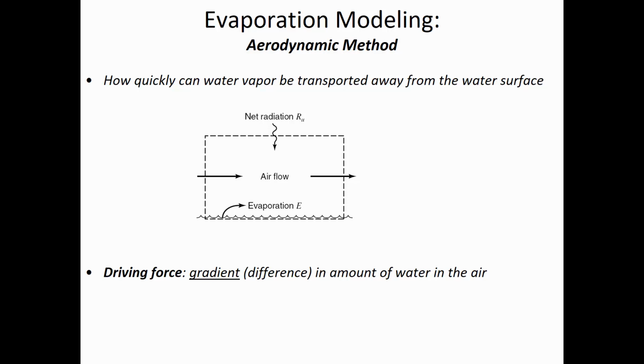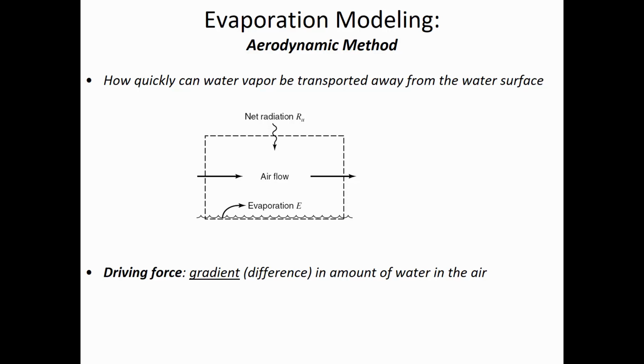If you think about the conditions very close to the water surface, you might rightly guess that it's more humid in the immediate vicinity of the water surface than it is some distance up above the water. And so there is transport going on, and the difference between how humid it is in the air and how humid it could be in the air, that gradient is one of the factors that drives evaporation.